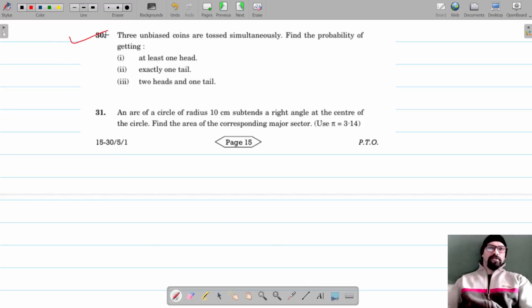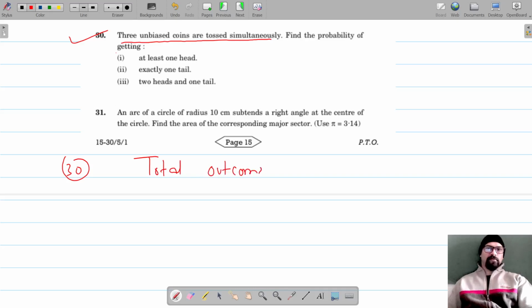For question number 30, it's given that 3 unbiased coins are tossed simultaneously. We have to find the probability of at least one head. Total outcomes here is 2 cube, which is equal to 8, because there are three unbiased coins tossed simultaneously.